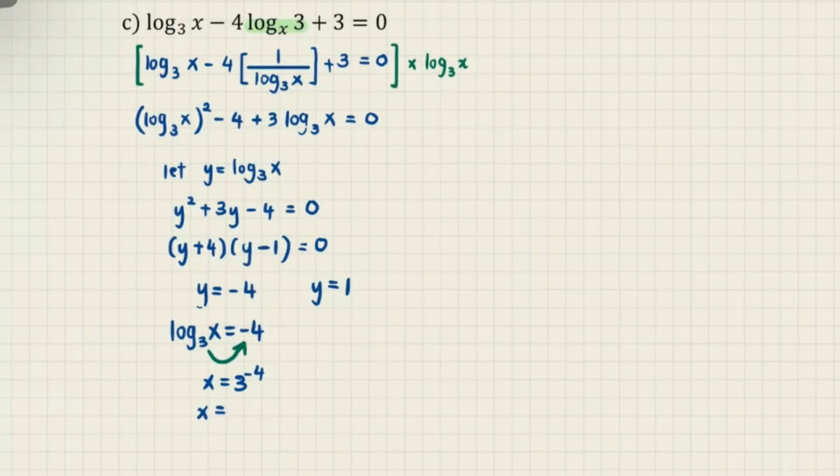Berapalah jawapan dia? 3 power of negative 4 will be 1 over 81. So ini adalah jawapan yang pertama. Jawapan yang kedua, log with base 3x equals to 1. So tadi macam yang sama, tendang dia, so dapatlah x equals to 3 to the power of 1, which is actually x equals to 3.